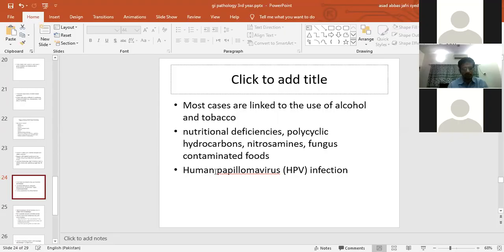Wherever there is stratified squamous epithelium, human papillomavirus is associated with squamous cell carcinoma of those sites: cervical carcinomas, oral cavity carcinomas, laryngeal carcinomas, esophageal carcinomas, even some forms of squamous cell carcinoma of the skin. Obviously, the association isn't as strong as you see in the cervix, but it's still there.